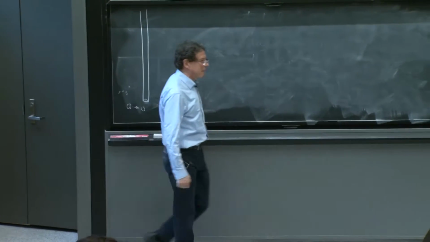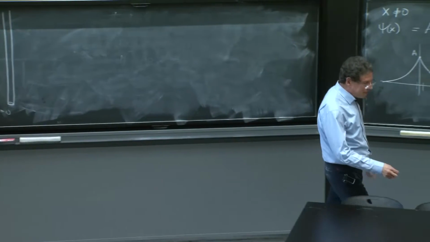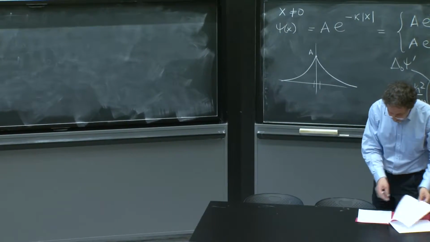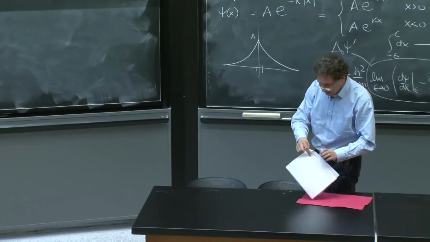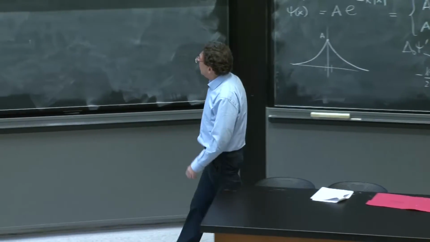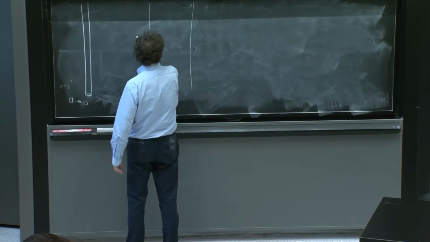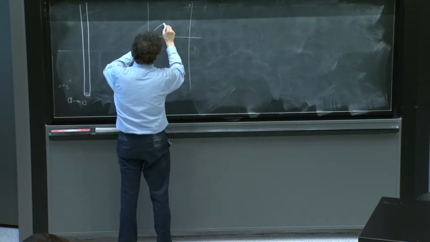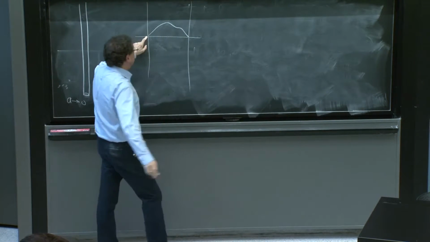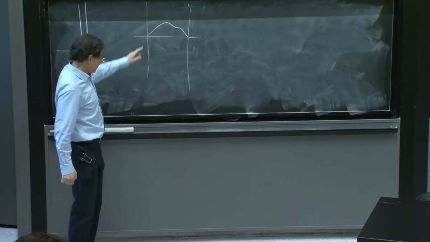So here it is. I'm going to do a little diagram. For example, let's assume the screen is this big at this moment, that you have some ground state like this.